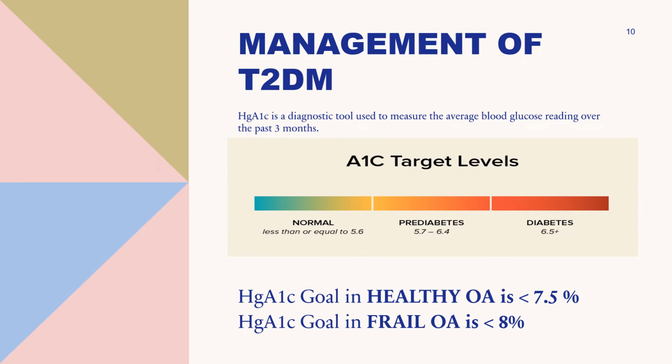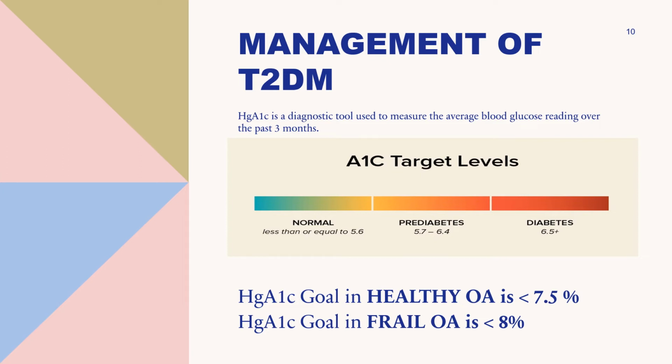So for diagnosis of diabetes, I put this chart here on the slide. A hemoglobin A1C has to be 6.5% or higher to be considered diabetic. If your hemoglobin A1C is 6.5 or higher, I don't care what your age is, then you are considered diabetic.